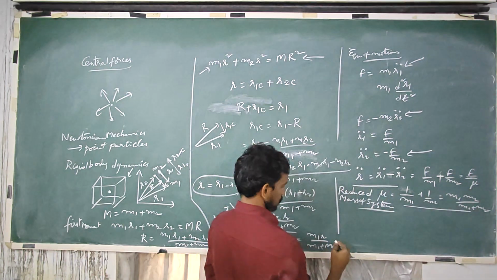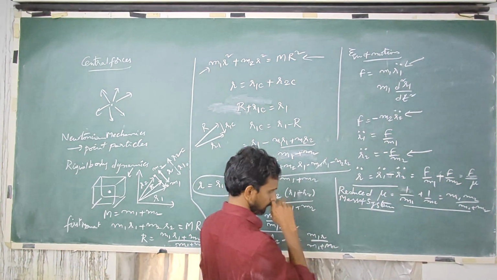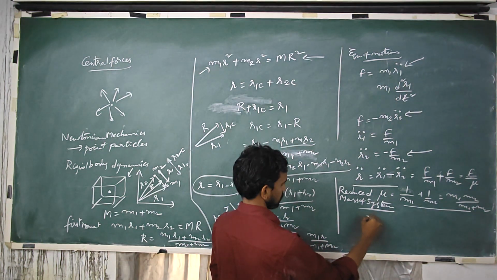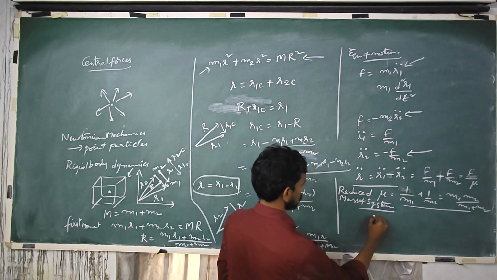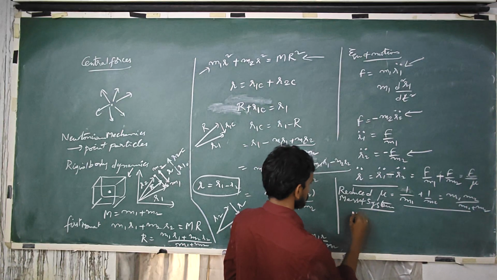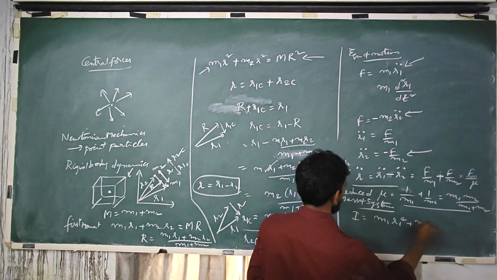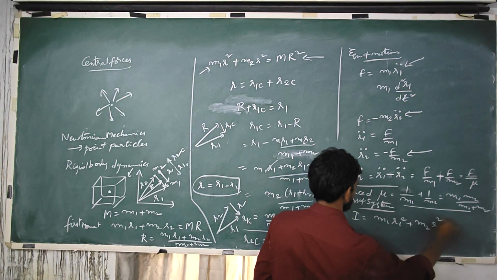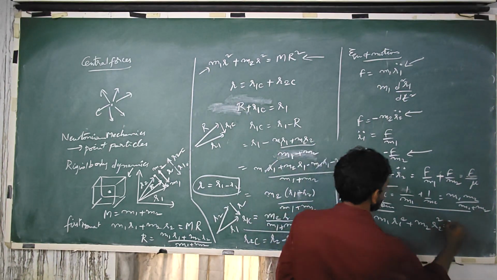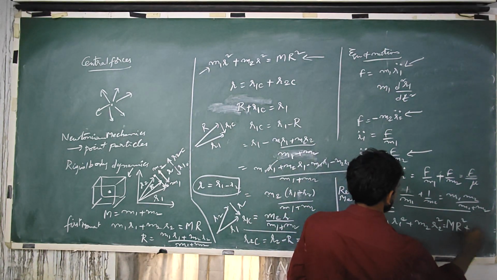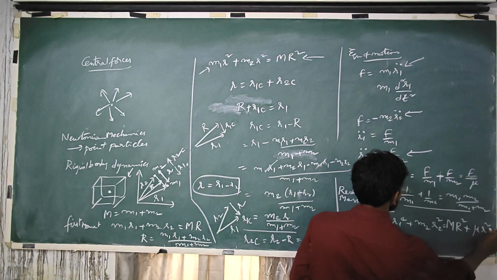And if you take any of these physical quantities like moment of inertia, it is equal to M R square plus mu r square.